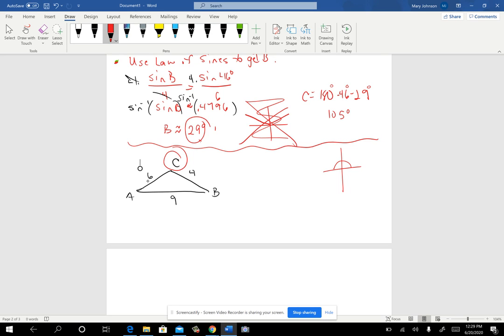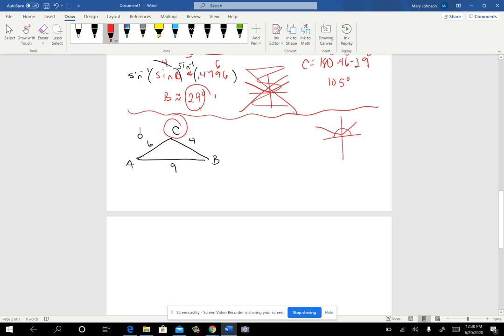But with cosine, an angle over here and its related angle over here, those two angles don't have the same cosine. They just have the same sine. So when you wind up finding angle C, if it's obtuse, it'll show up that way without you having to do any extra thinking.